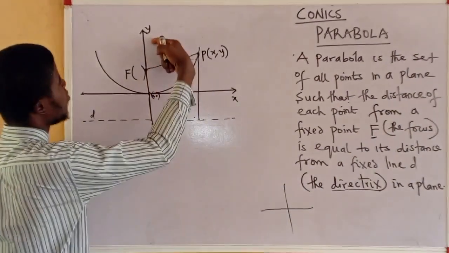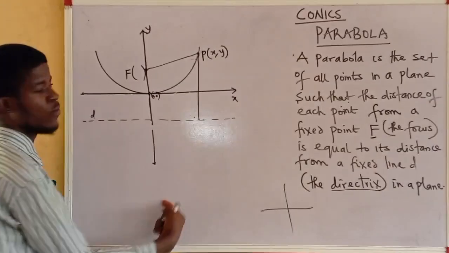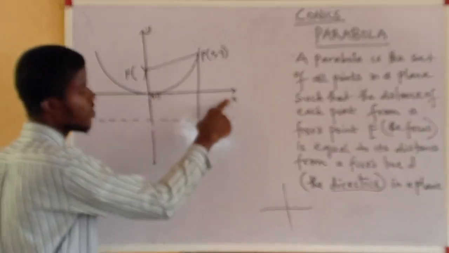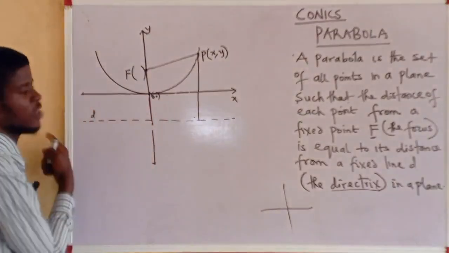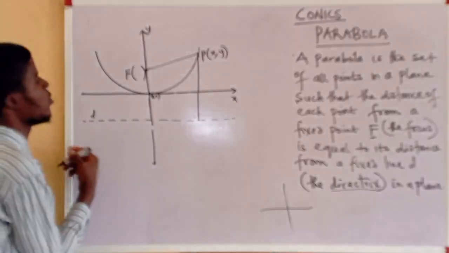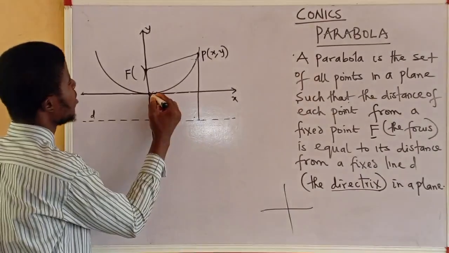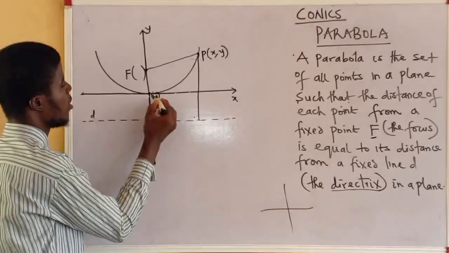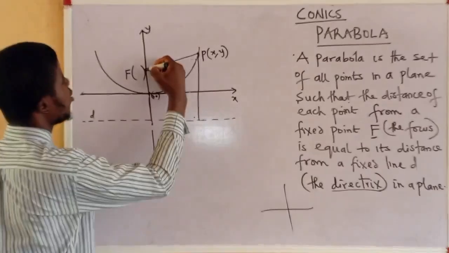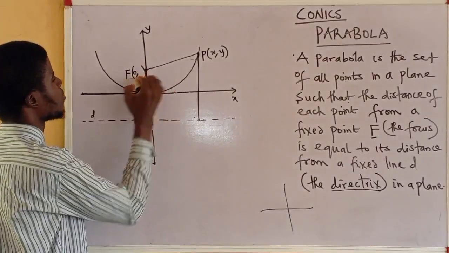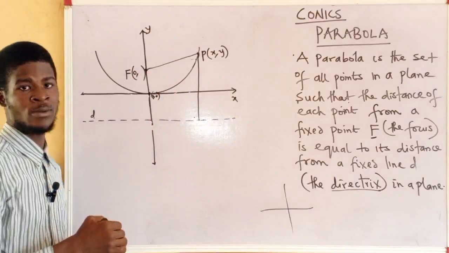This is the positive y-axis and this is the negative y-axis. This is the positive x-axis, this is the negative x-axis. So at this point, it is 0, 0. At this point also, x is equal to 0, but y is not 0.